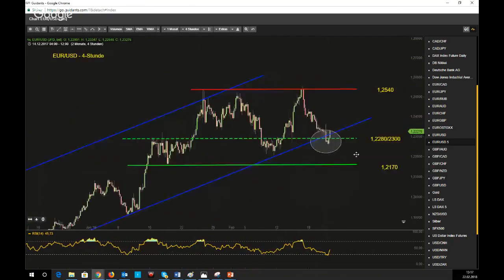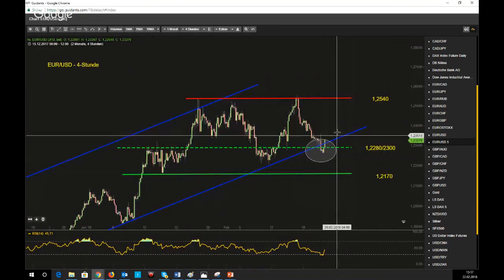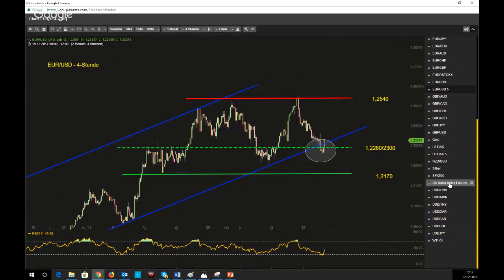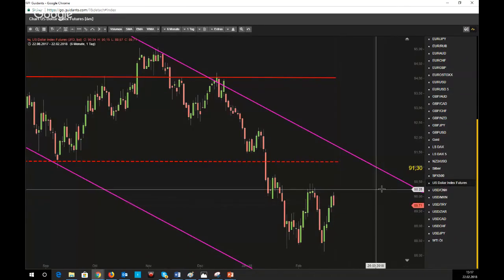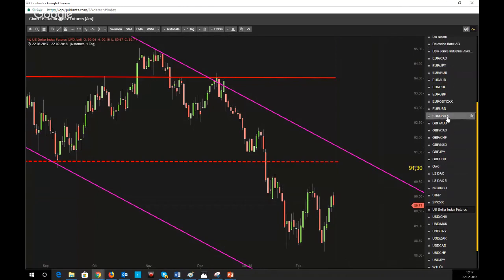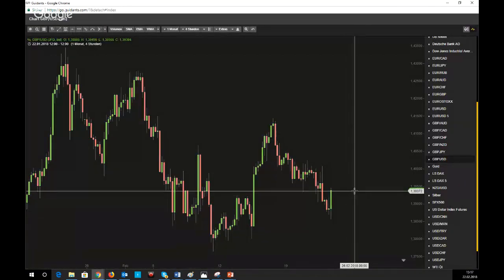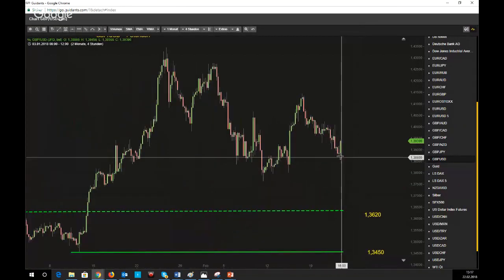All we can say right now is that the US dollar is obviously giving back all the gains from yesterday, especially against the euro, but also against GBP. We can see GBP also gaining some momentum here.